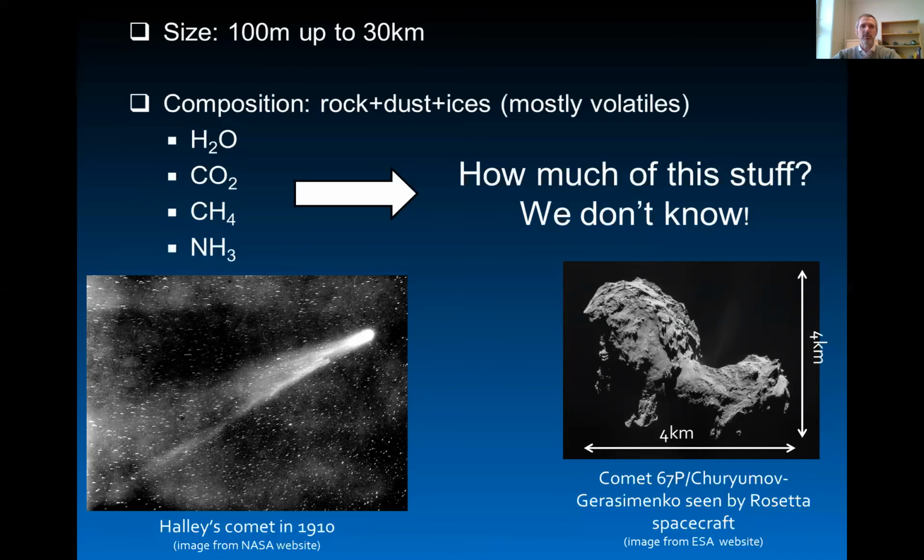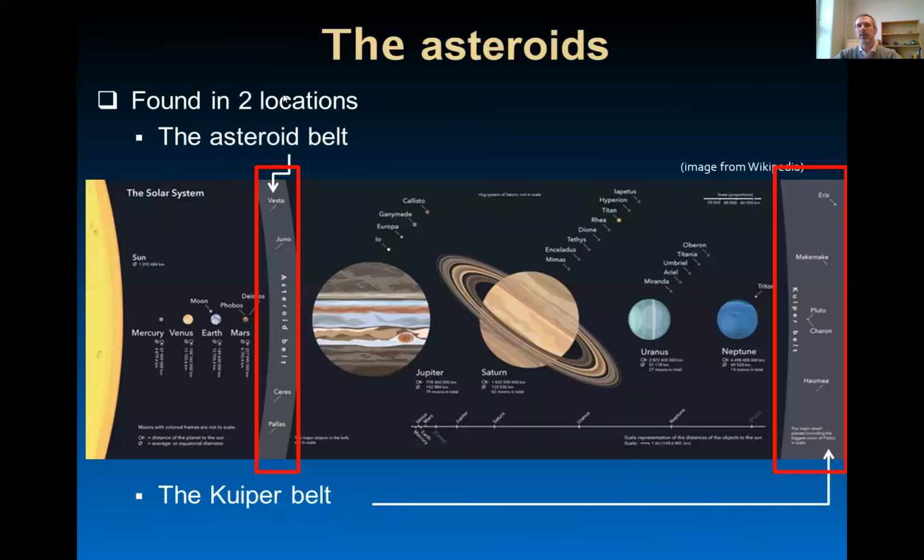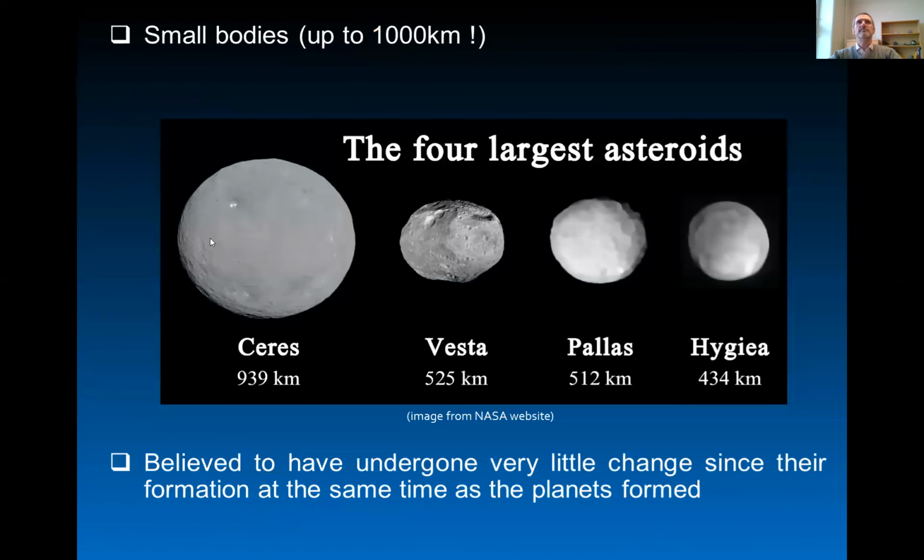What is more interesting, that's the asteroids. We find them in two locations, Kuiper Belt and the so-called asteroid belt between Mars and Jupiter. They are small bodies compared to the planets, but they are up to 1,000 kilometers across.